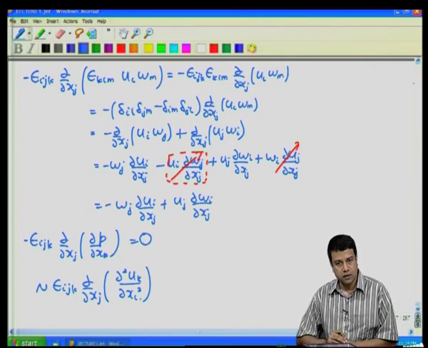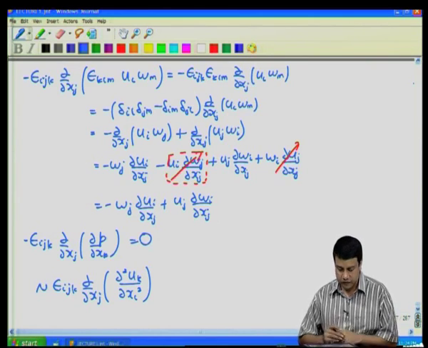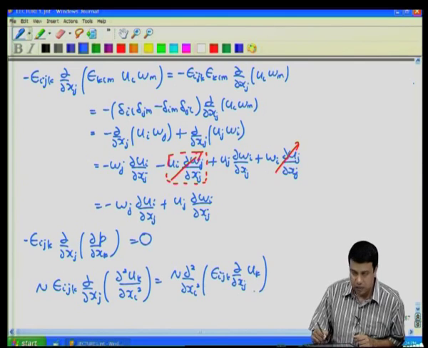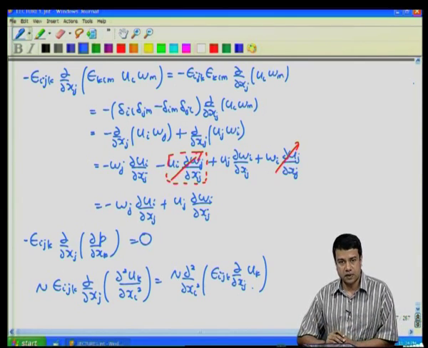Once again, you can change the order of differentiation to get nu partial square by partial x l square of epsilon i j k partial by partial x j of u k. You can always do that because you are taking partial derivatives and they commute.